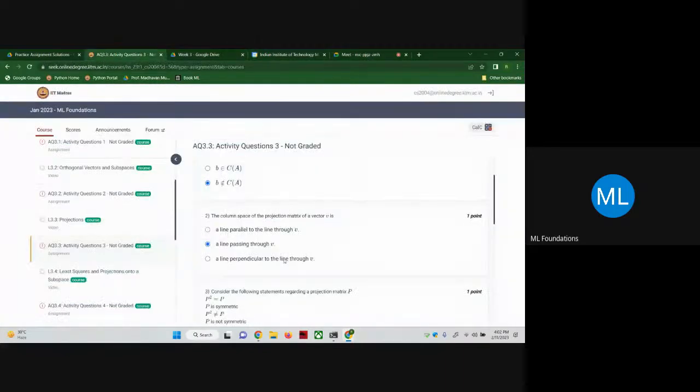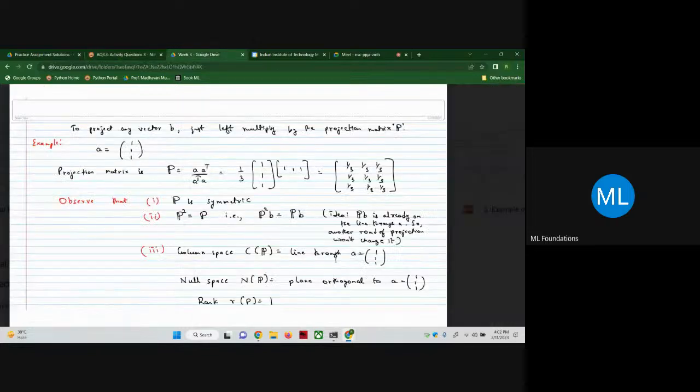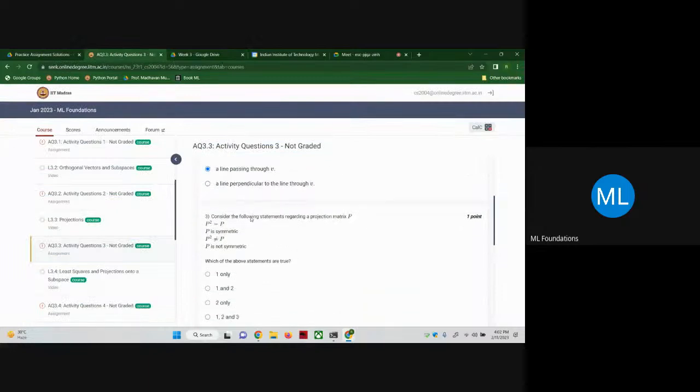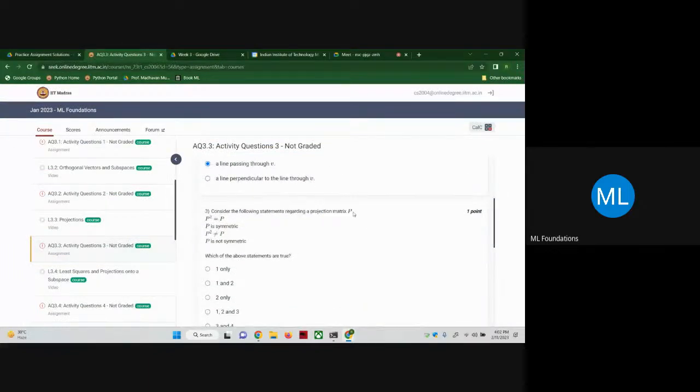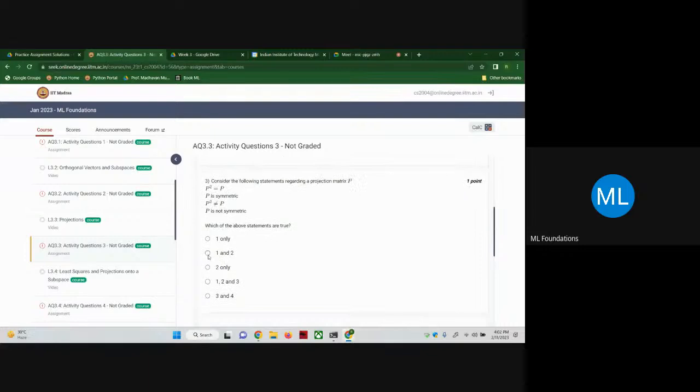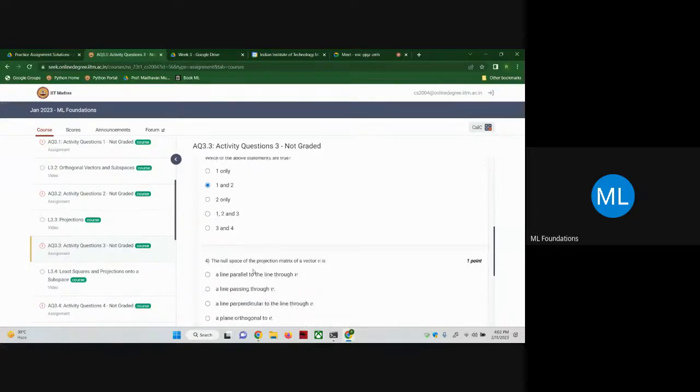So basically, the column space of the projection matrix of a vector v is a line passing through v. Consider the following statements regarding the projection matrix P. P squared equals P, that's true. P is symmetric, that's true. So 1 and 2 are correct.